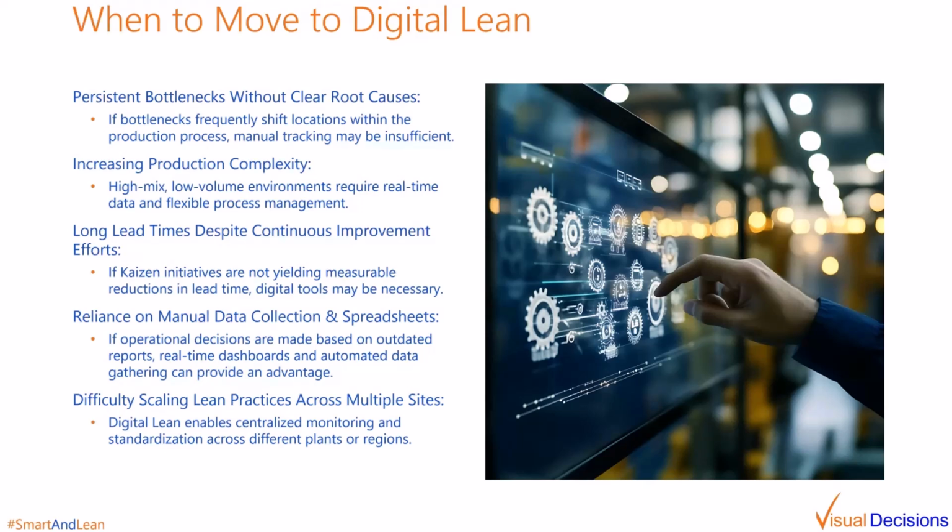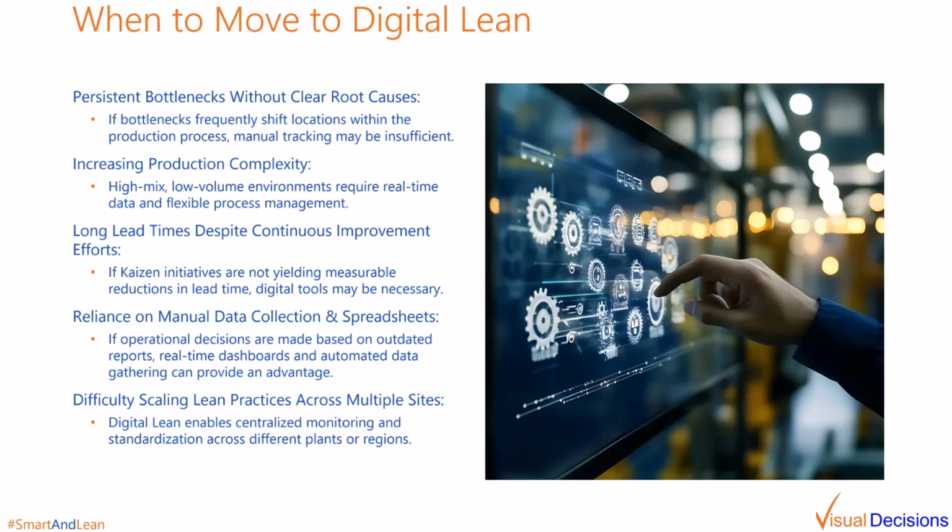Another sign is a heavy reliance on manual data collection and static reports. Traditional lean depends on manual data collection, spreadsheets, reports, and many whiteboards to track performance, which often results in delayed decision making. In fast moving production environments, relying on historical data to make process improvements means companies are always reacting to problems instead of preventing them.